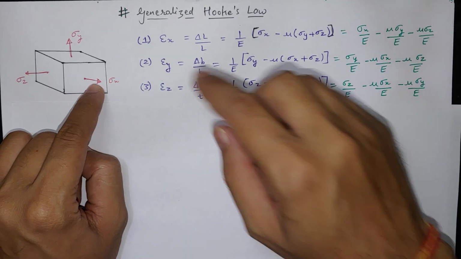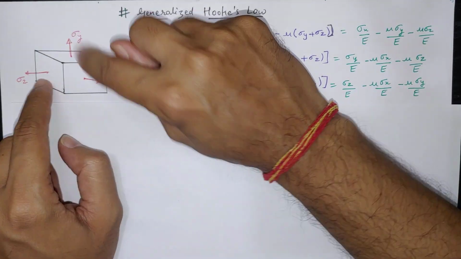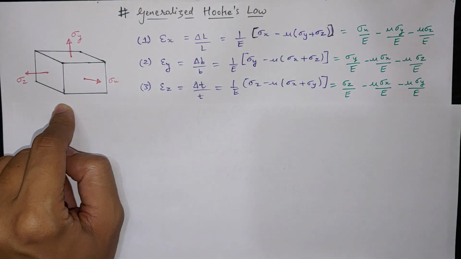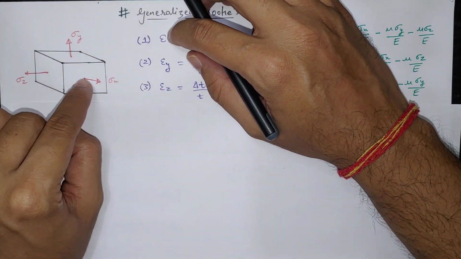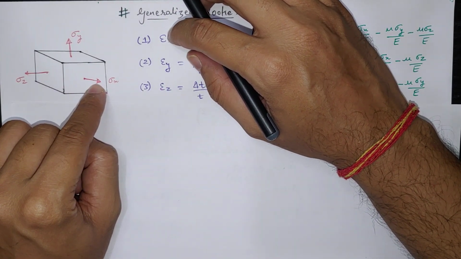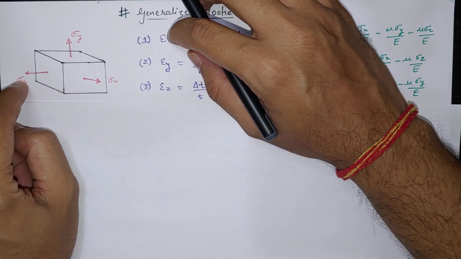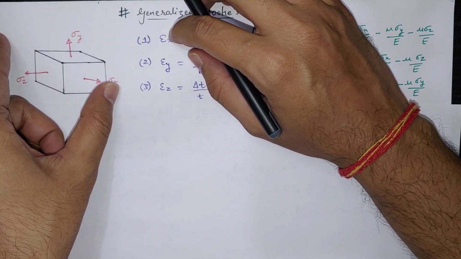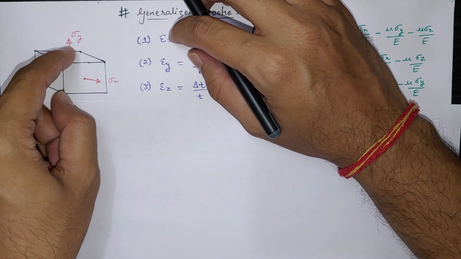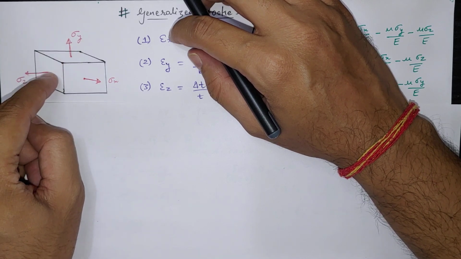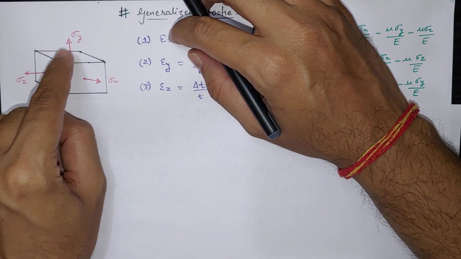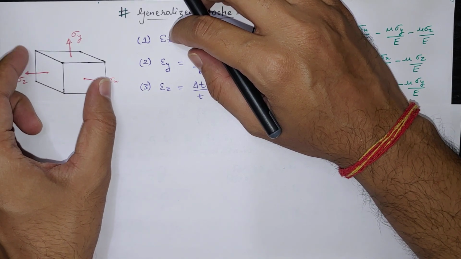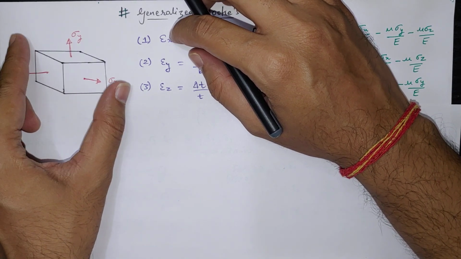But what if we have stresses in three different directions on the same material? Then Poisson ratio comes into the picture, because stress in one direction affects the strain in the other direction also. If we stretch some material in one direction, the other two directions' length and breadth will decrease, and in the direction in which we are giving the stress, that direction length will increase.